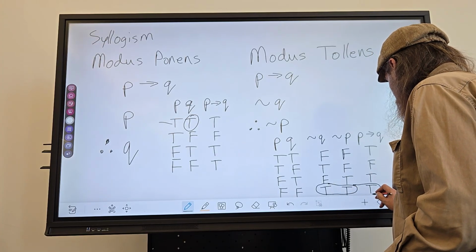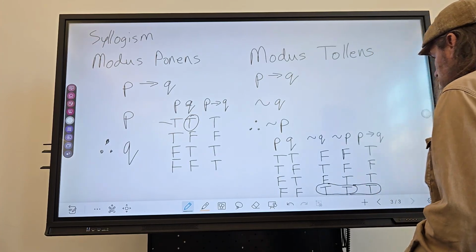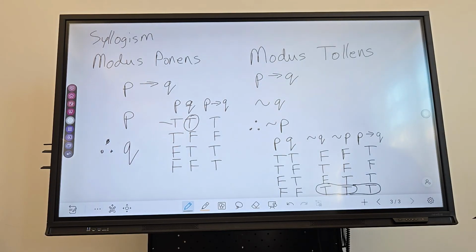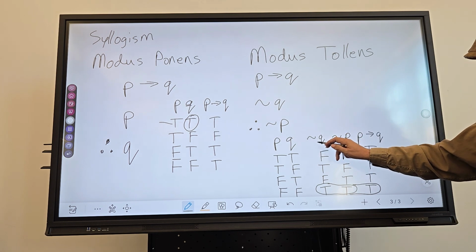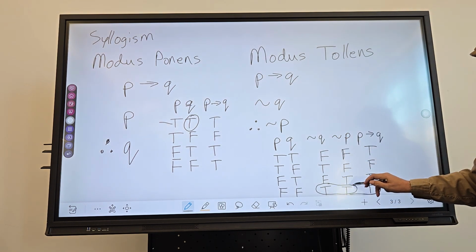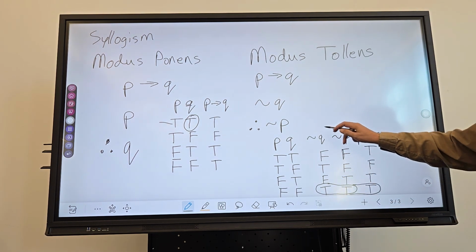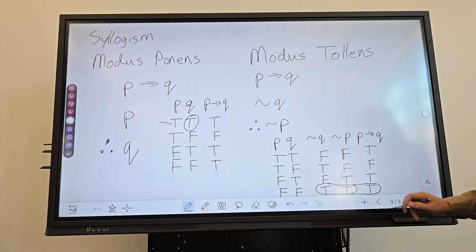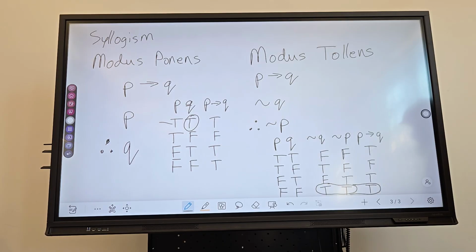This is your critical row because P implies Q is true, and not Q is true, and the conclusion is also true. Therefore, it is a valid argument form.